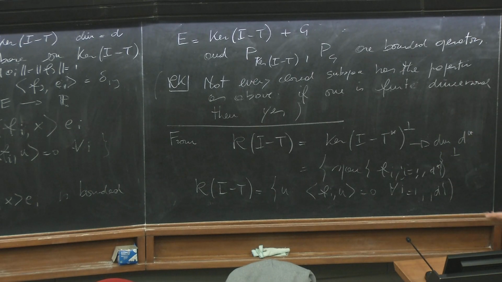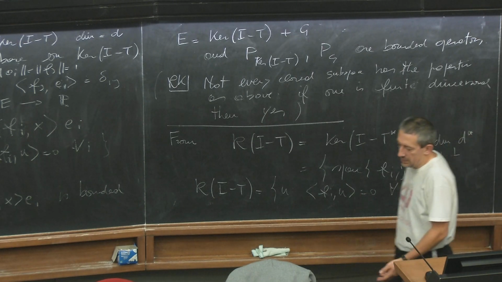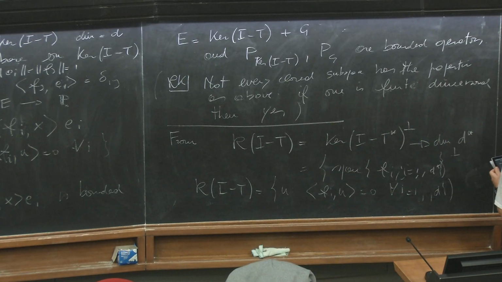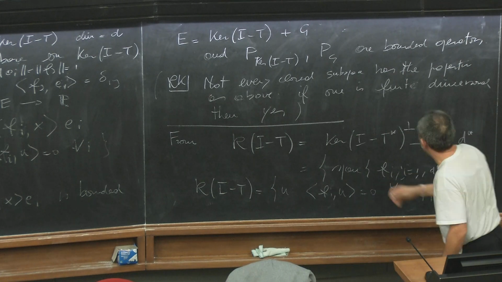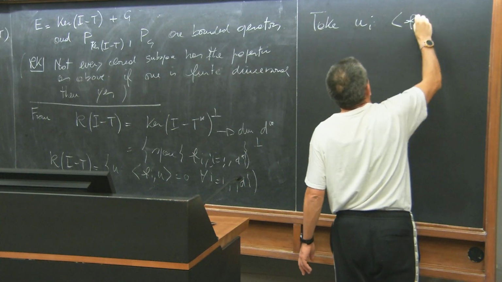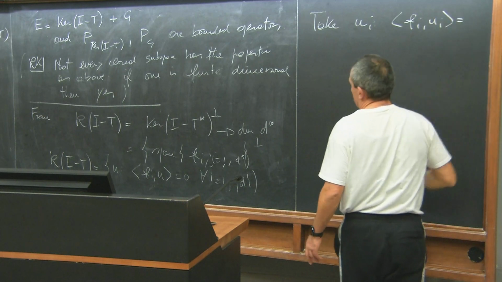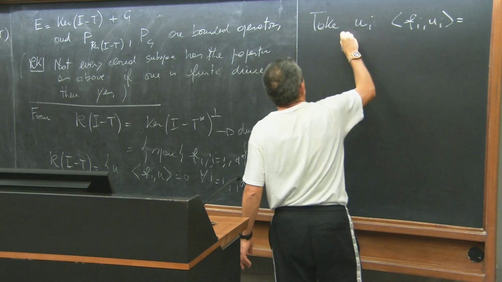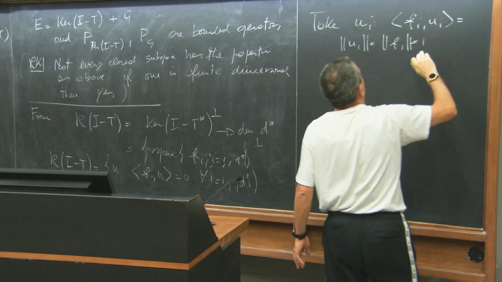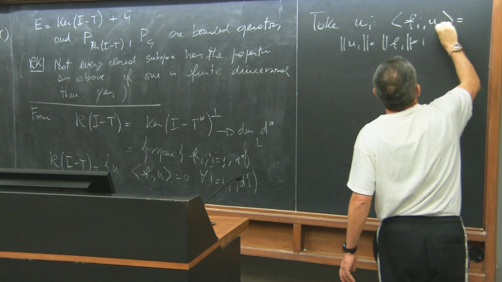And then I'm so happy because I can take u_i such that, with norm of u_i and norm of f_i equal to 1, f_i(u_j) is delta_ij.